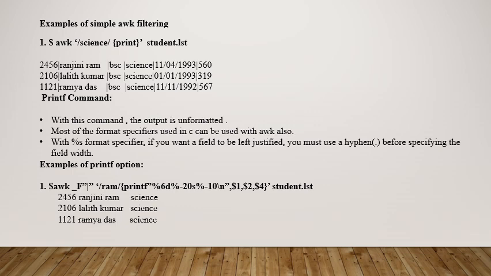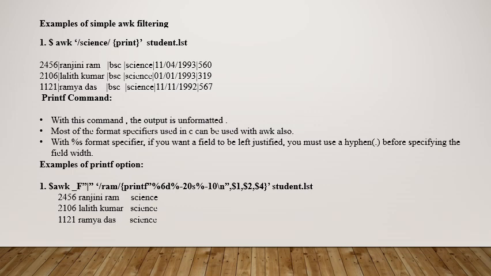What are those fields? The first, second, and fourth fields wherever Ram is present. The name and department have to be printed in the second and tenth spaces respectively, as hyphen left justified output.